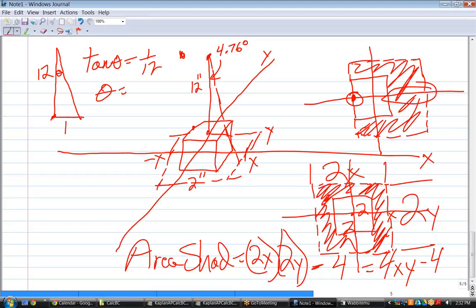Okay, so where's that point? Well, if I extend this triangle all the way to the bottom, to figure out where the shadow is, well, I know this distance is 2 inches.